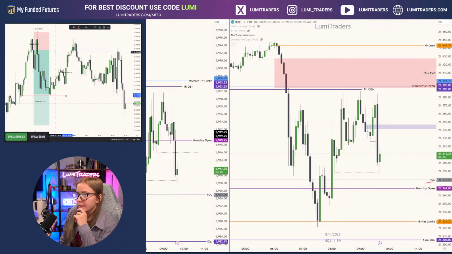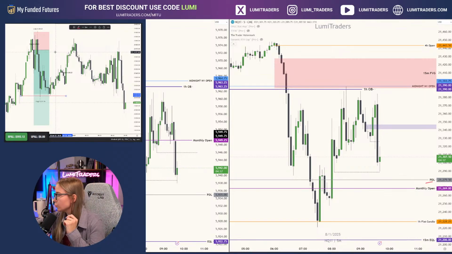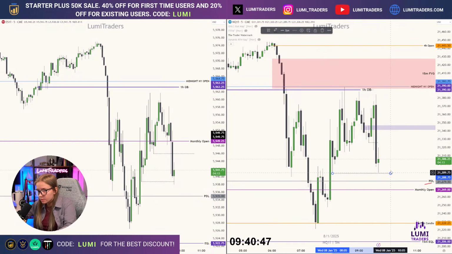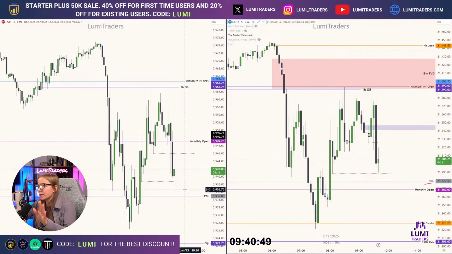So far, we got a minor SMT between ES and NQ. As we can see, it's a minor SMT right now.